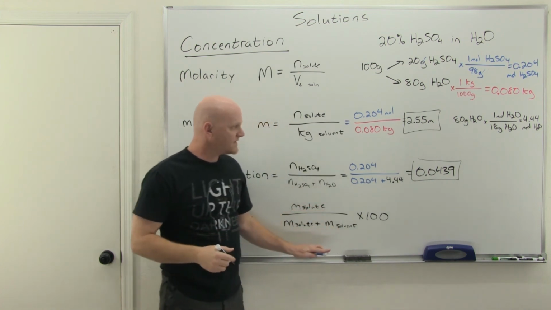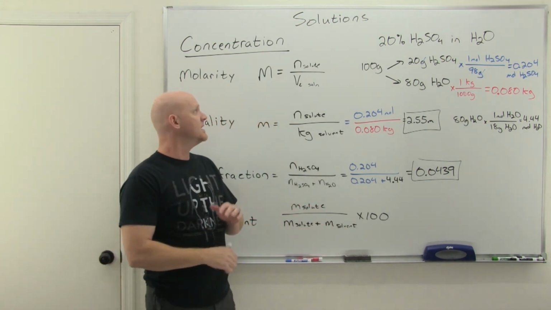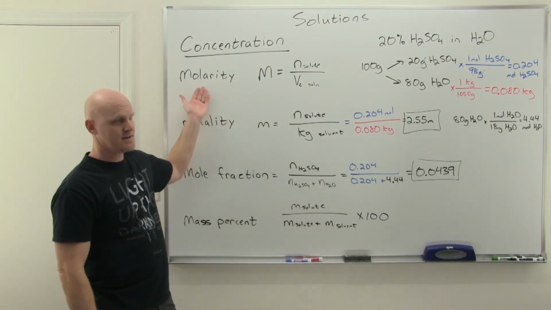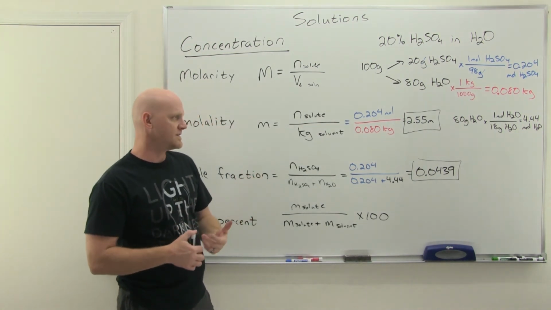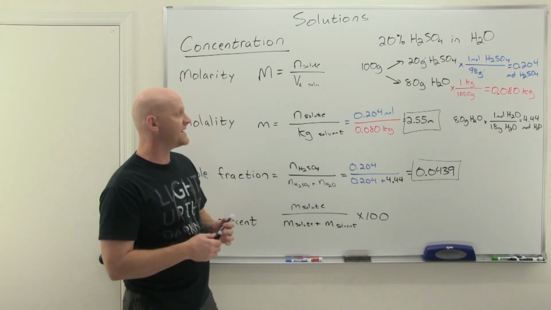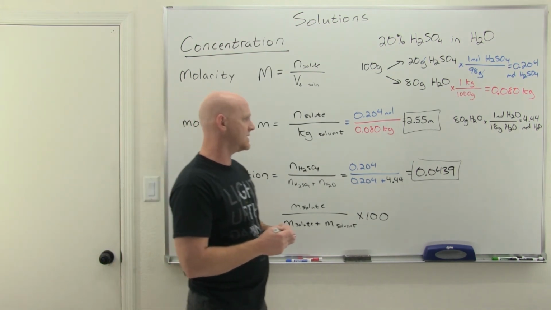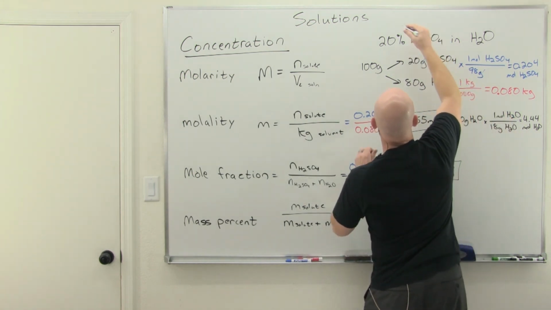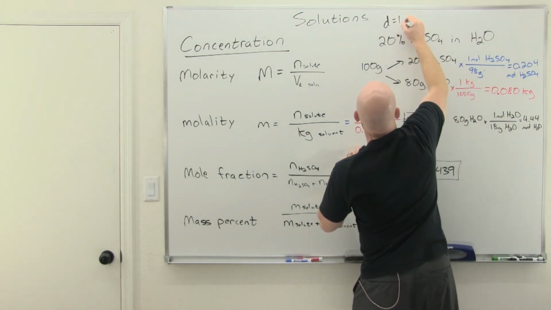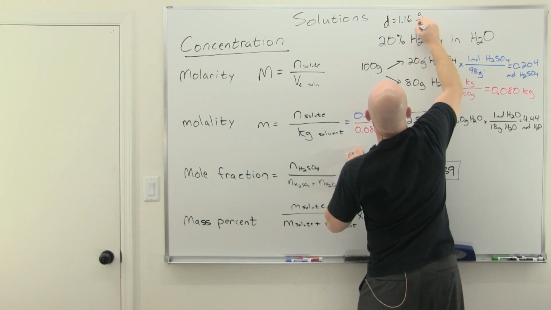All right, so we've got one calculation left, and like I said, this is going to be the most challenging one, and that is our molarity. The molarity is so challenging because we've got to figure out the volume, and to figure this out, we actually had to provide a density number. It turns out the density of this lovely 20% solution is provided as 1.16 grams per milliliter.